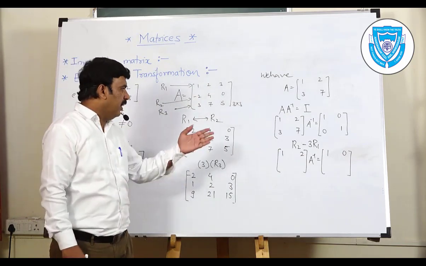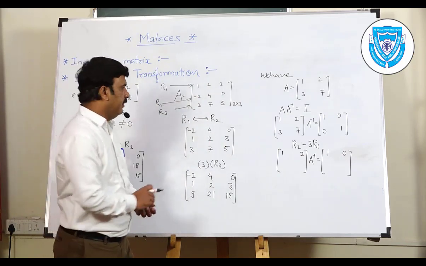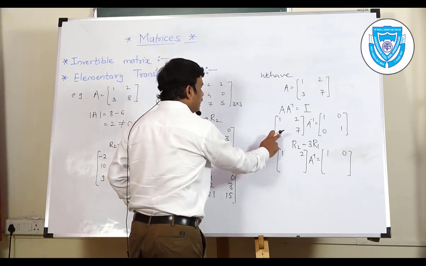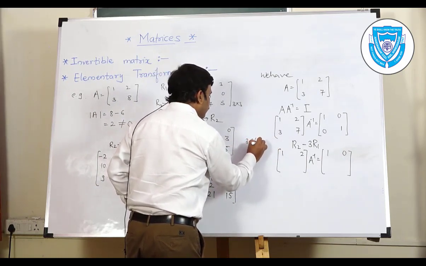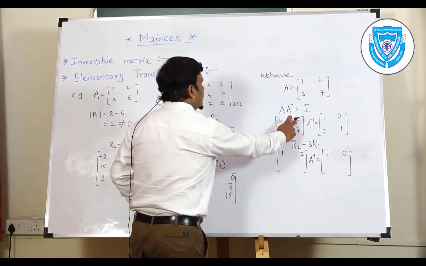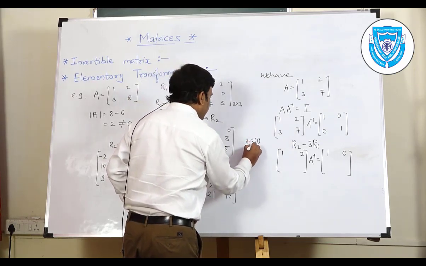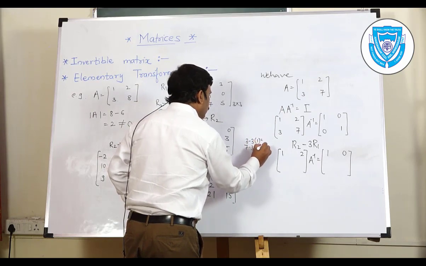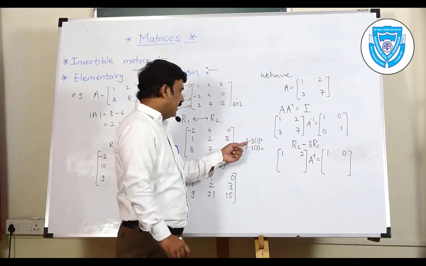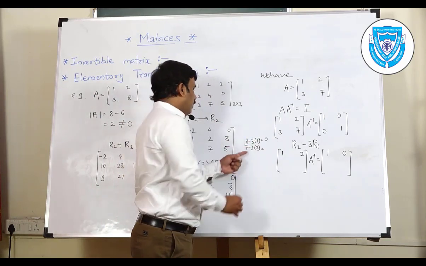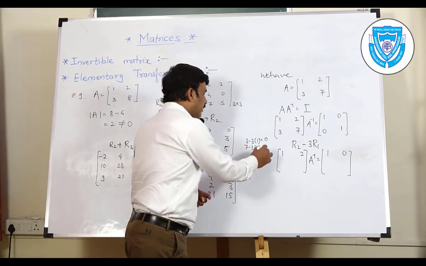What is the operation? R2 minus 3R1. So 3 minus 3 times 1. 7 minus 3 times 2. So let's see what happens after performing this operation. You can observe that 3 minus 3 is 0 and 7 minus 6 is how much? 1.